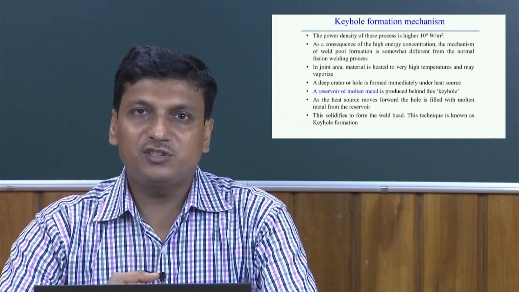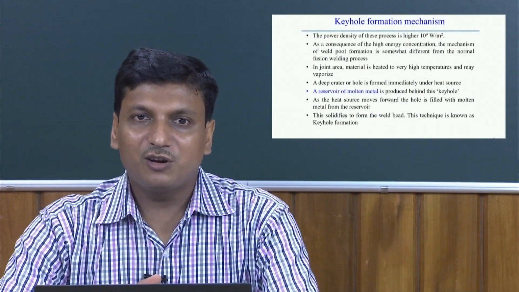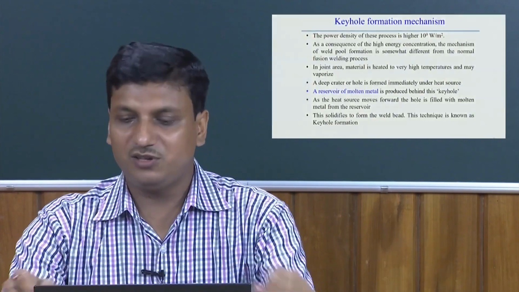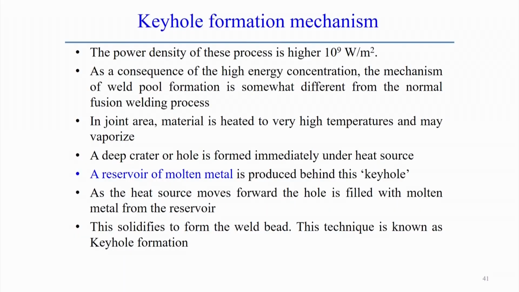Now, let us see the keyhole formation mechanism in case of the electron beam welding process. In this case the power density of this process is as high as 10 to the power 9 watt per meter square. I think it should be more than that, and therefore high energy is concentrated, and the mechanism of weld pool formation is definitely different from the normal arc welding processes, but almost similar to the laser beam welding processes.